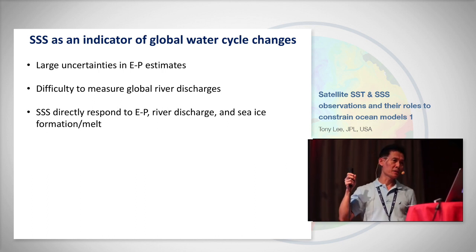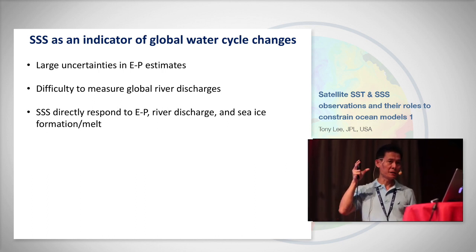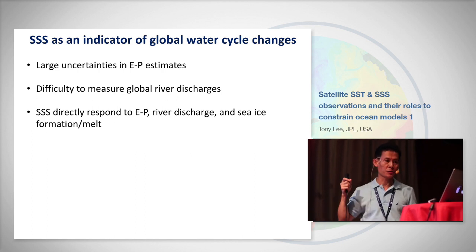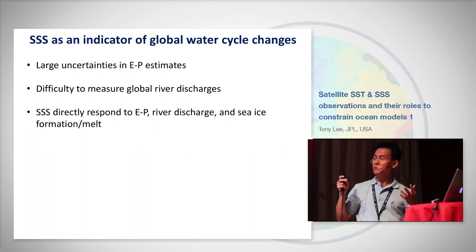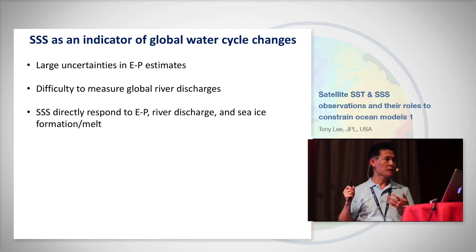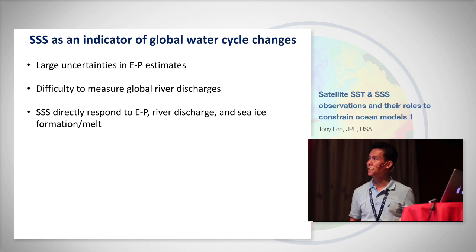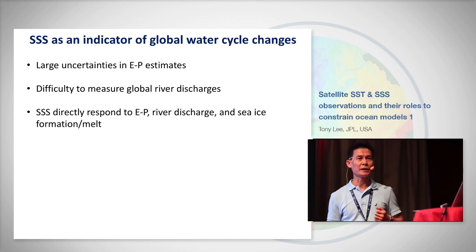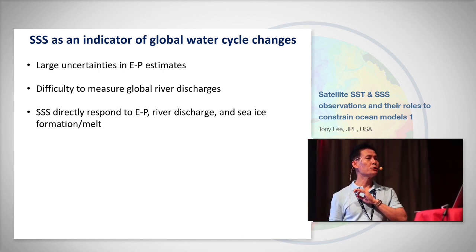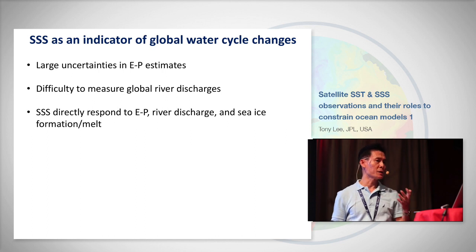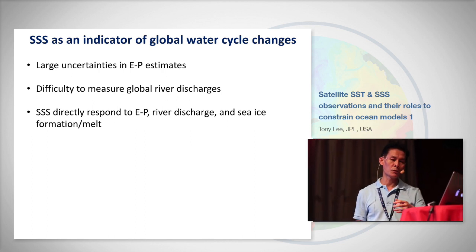In fact, sea ice thickness is not well measured for the thinner sea ice, which I'll discuss tomorrow. So given this, sea surface salinity is a direct response to all these elements, E minus P, continental runoff, and sea ice melt, so it could potentially provide a very good large-scale, low-frequency indicator of changes of the global water cycle.